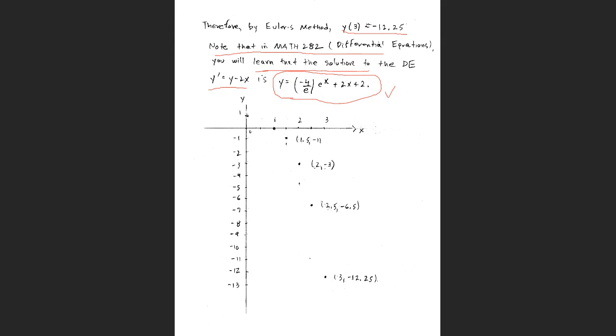So what I've done here is on this xy axis, I've plotted those coordinates. The coordinates that I'm highlighting in red are the coordinates based on the Euler's approximation.